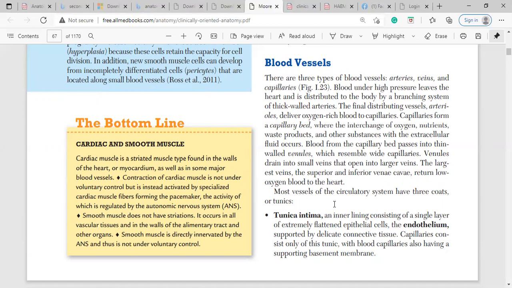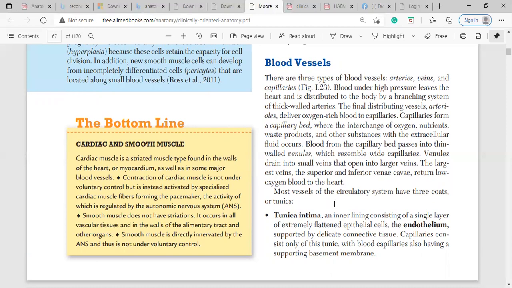So it means that when blood leaves the right ventricle and the left ventricle, the blood is carried by arteries. So arteries carry blood at high pressure because the blood just left the heart, and the heart pumps the blood with force, with pressure, and that blood is entering the blood vessels.